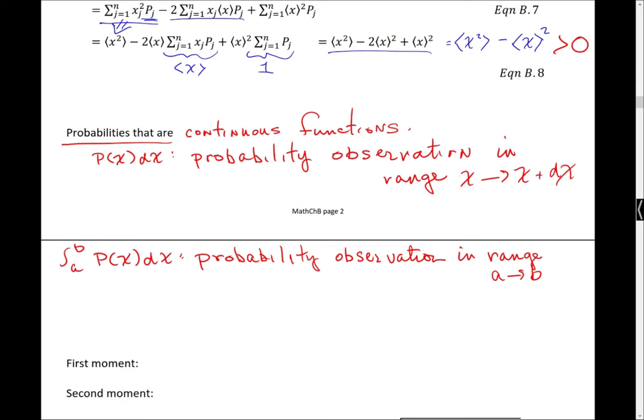So that's what we call our normalization condition. All right, so our normalization condition says basically looking from minus infinity to infinity over all the probabilities has got to be equal to 1.